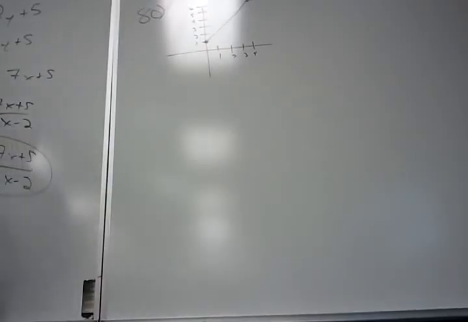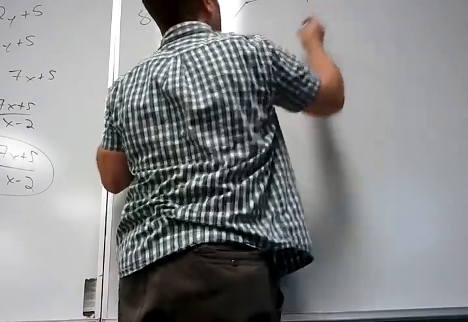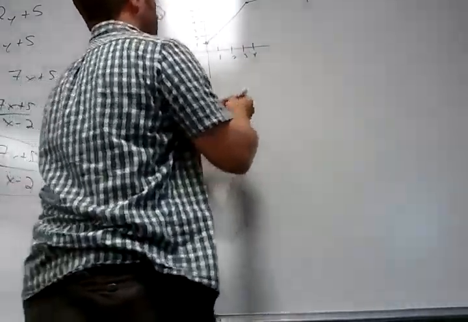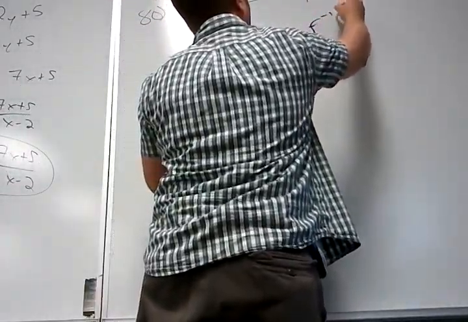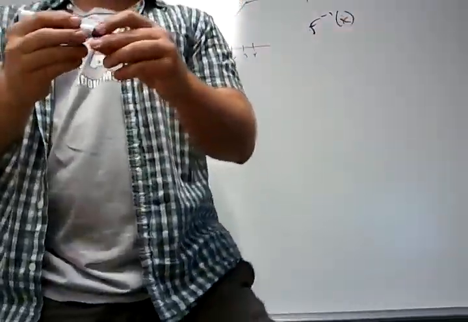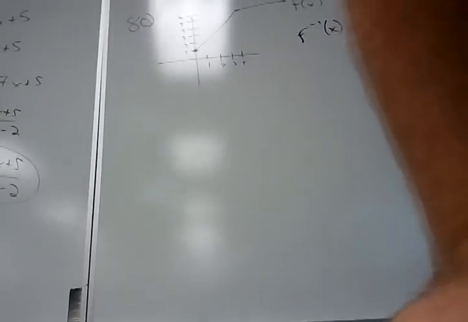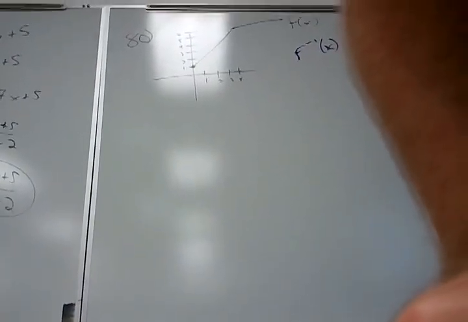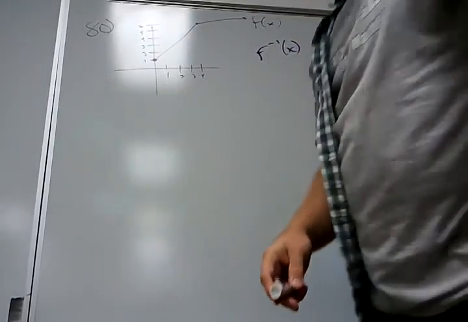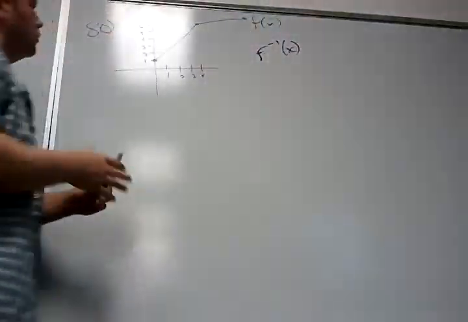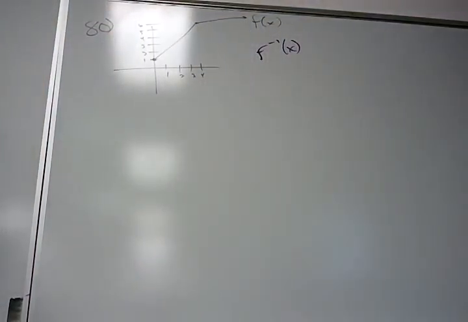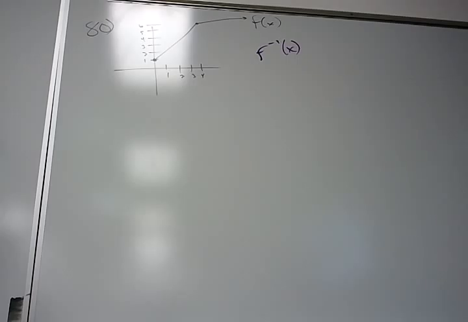So this is f, and they want you to graph f inverse. So who can remind me? This is kind of like the very first problem I think we did with inverses, or one of the very first.